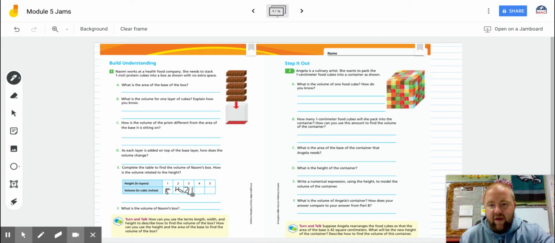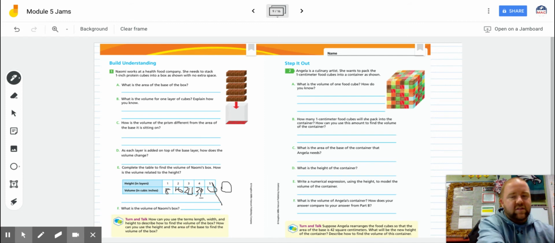If there's 4 of them, 8 times 4 is 32. And if there's 5 of them, it would be 8 times 5, which is 40. Sorry, this mouse is really giving me trouble right now. So the answer would be 40. The volume is 40. So that's the strategy today for solving these volume problems by using the base and the height.